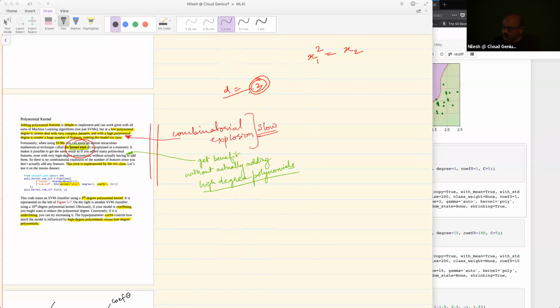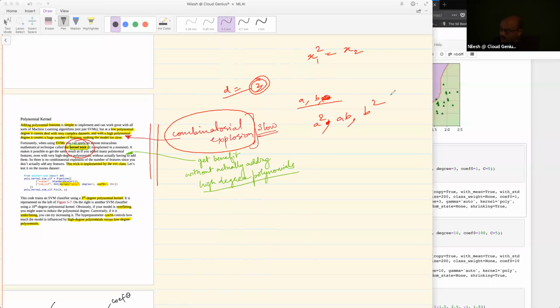And so what ends up is called a combinatorial explosion in terms of the number of things you are dealing with. Simply speaking, if you have A and B, you have A square, then AB, and B square.